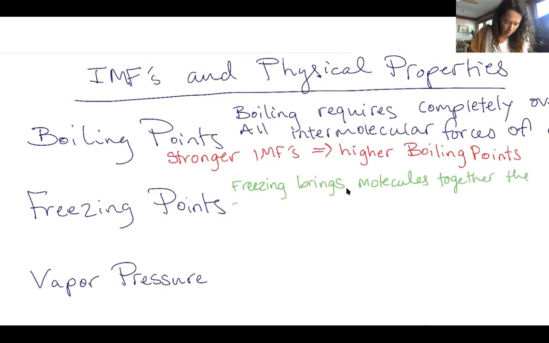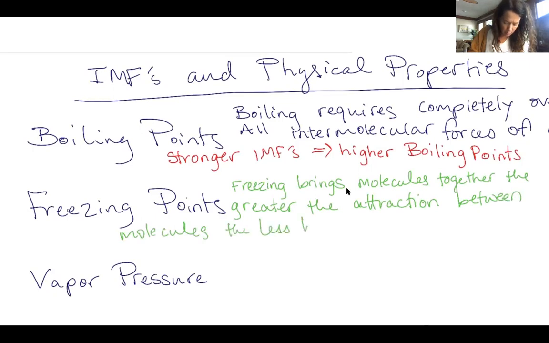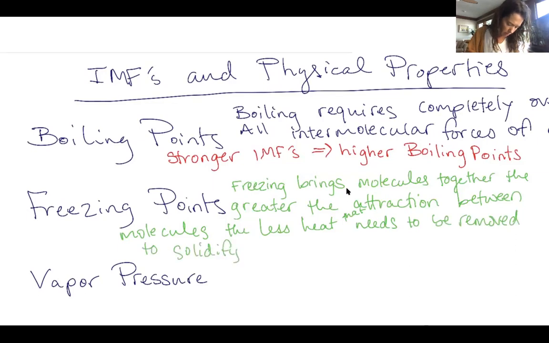The greater the attraction of those molecules for each other, the less heat that needs to be removed to solidify the substance, to form that solid, resulting in higher freezing points.